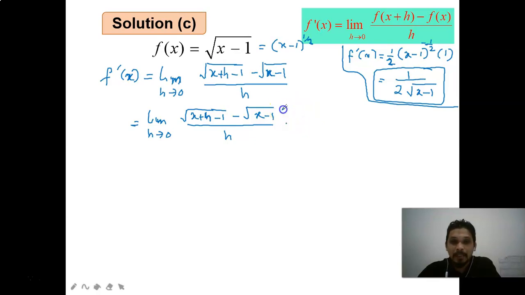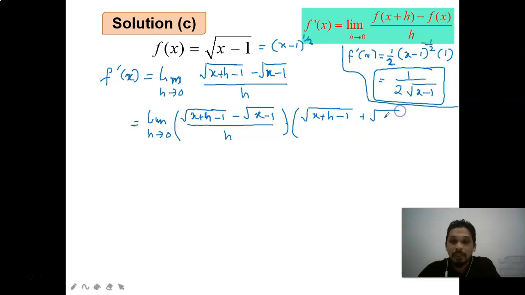Okay, so now square root of x plus h minus 1. The conjugate of this numerator, please look at this one here now. The middle sign between this and this is negative, so we come up with positive.